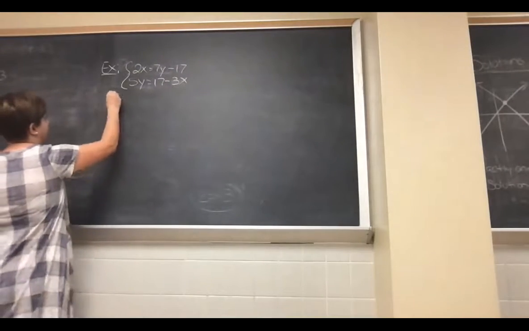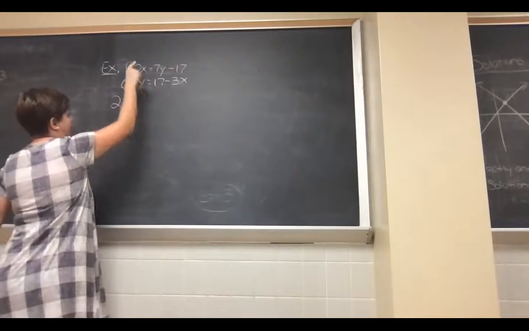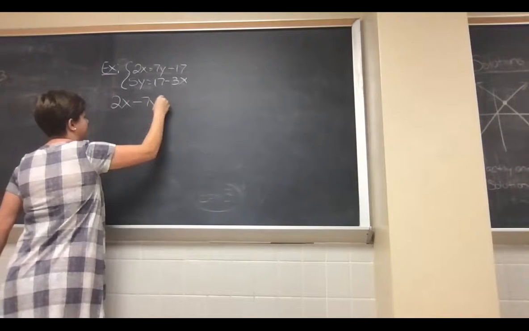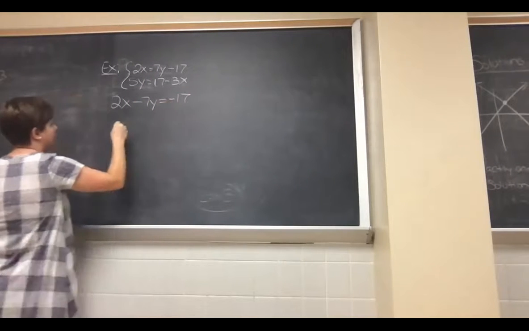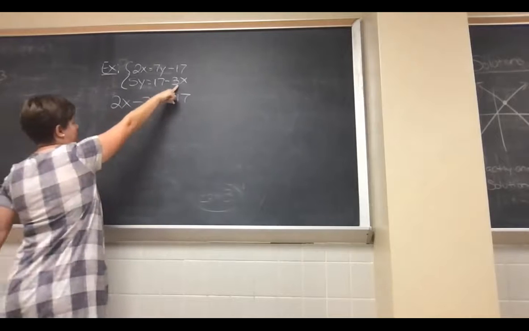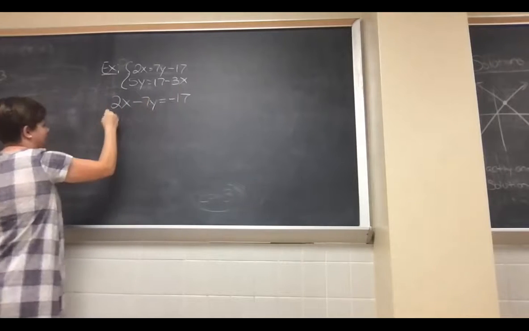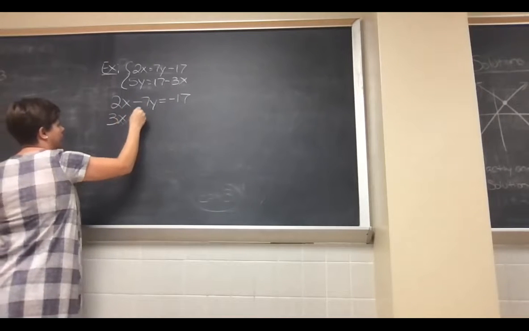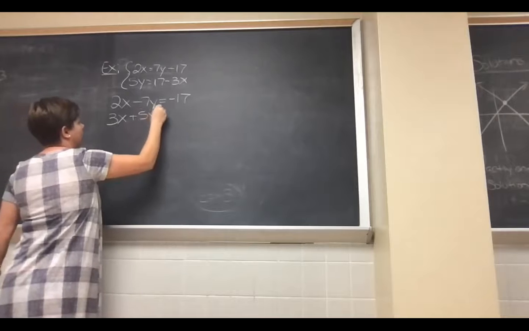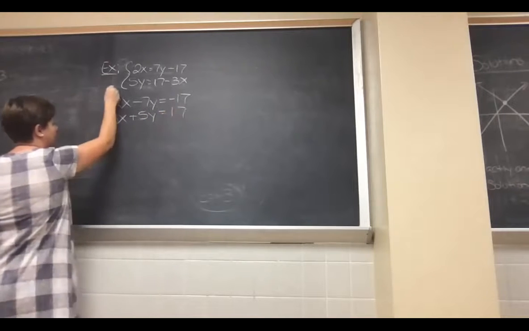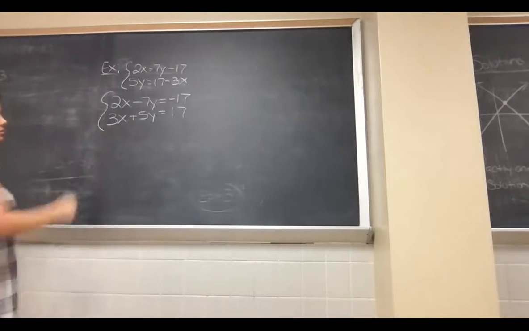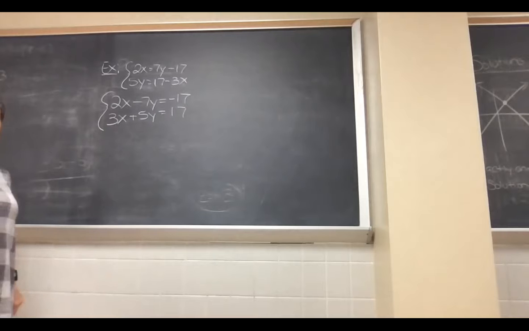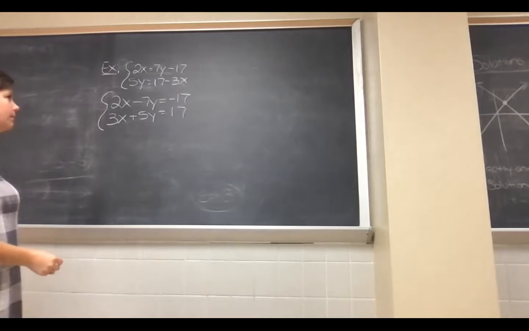So I'm going to have 2x, and I'm going to subtract that 7y over. And for the bottom equation, I need to get this negative 3x over, so I'm going to add 3x.